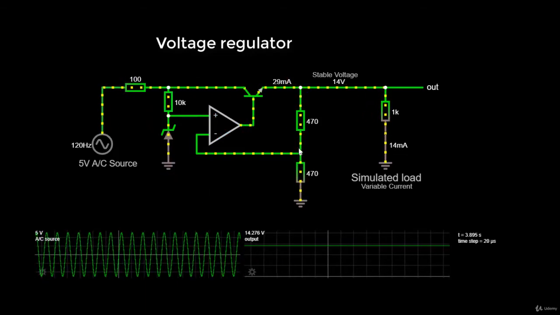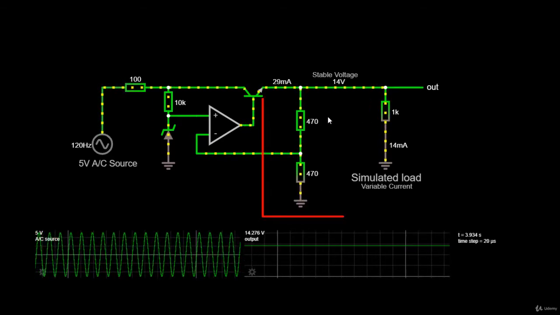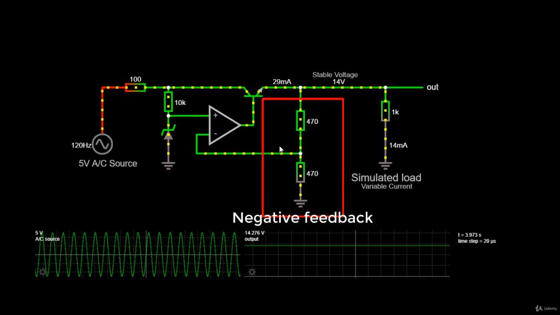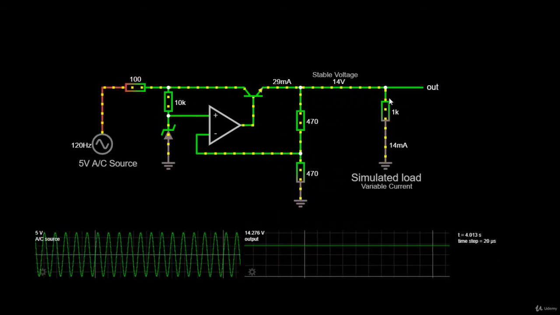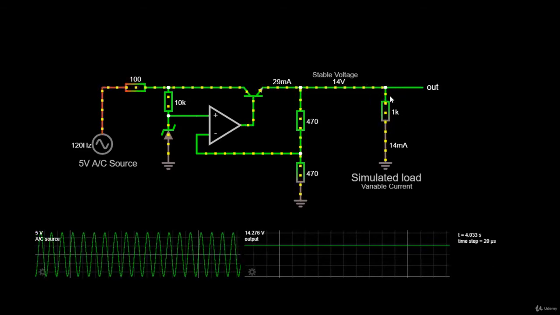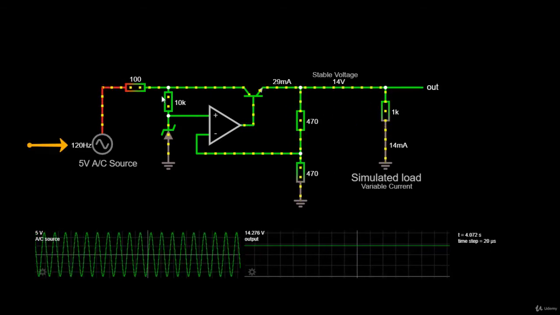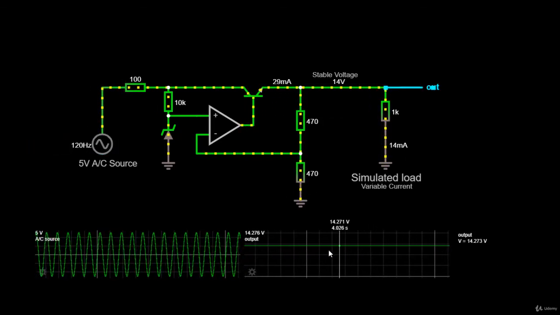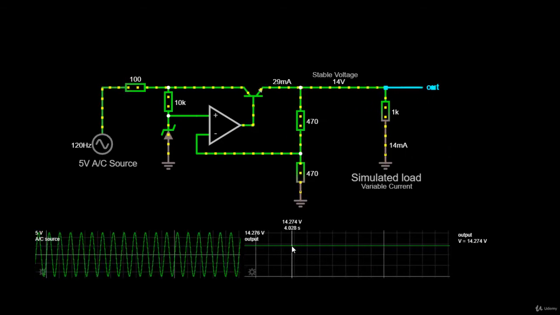I just didn't find an IC, so I had to build it on my own. We have these two resistors here, which are our negative feedback. Don't worry about that for the moment. And we have this 1 kilo ohm resistor here, which is obviously our load. This circuit takes a variable input voltage and outputs a stable voltage regardless of the current required by the load.